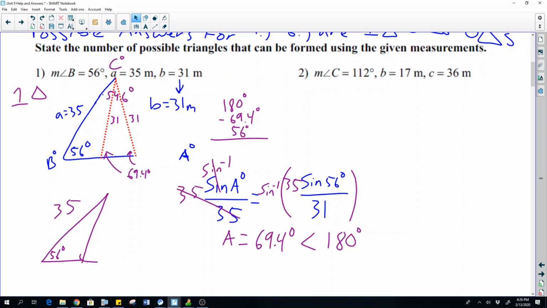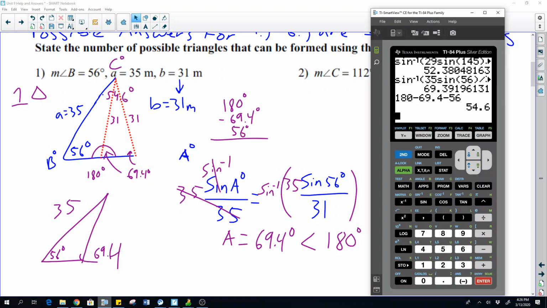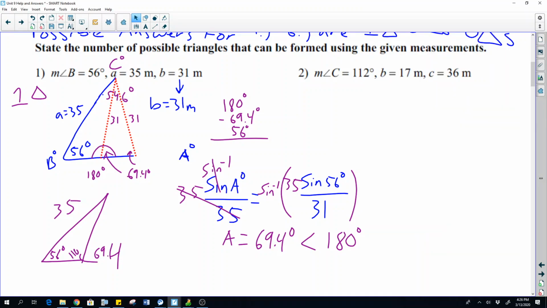If this is 180 degrees and this is 69.4, then 180 minus 69.4 gives us the obtuse angle of our other triangle: 110.6. So this is 110.6 degrees, and we have another triangle.